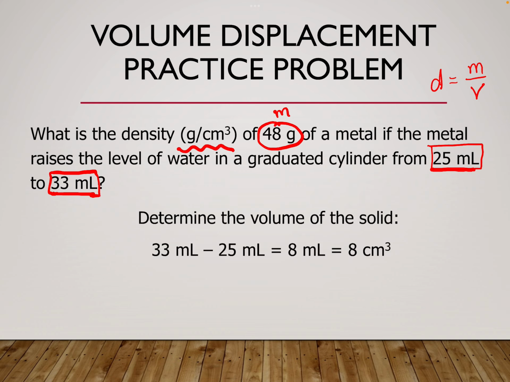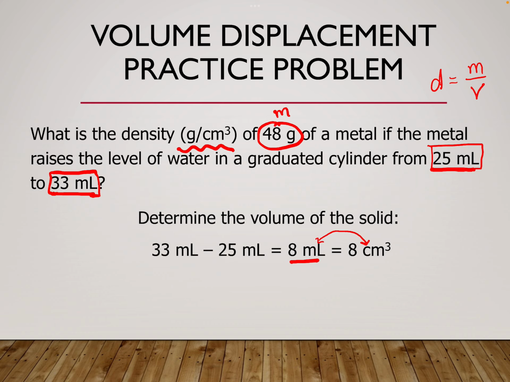Really easy. If you're doing density problems, most times that's what you're doing, you're just going to take your 2 volumes and subtract them. So that would give us 8 milliliters. But remember, we wanted the density in grams per centimeter cubed. Recall from earlier that milliliters and centimeters cubed are the same thing. So if you know that the volume is 8 milliliters, that means the volume is 8 centimeters cubed.